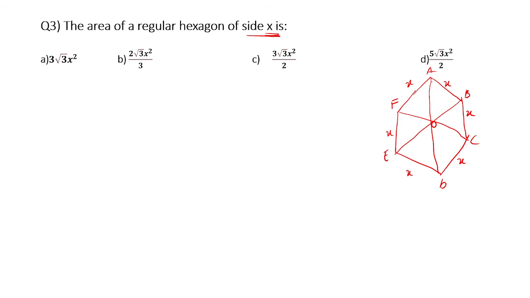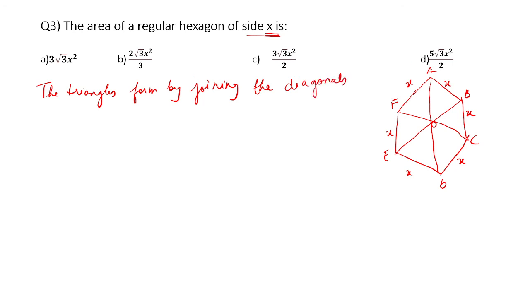That means the triangles formed by joining the diagonals of a hexagon, from one vertex to the opposite vertex. So from here to the opposite, from this to this is opposite, and from this to this is opposite, they're opposite to one another.